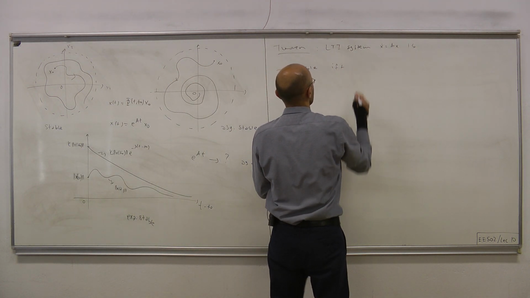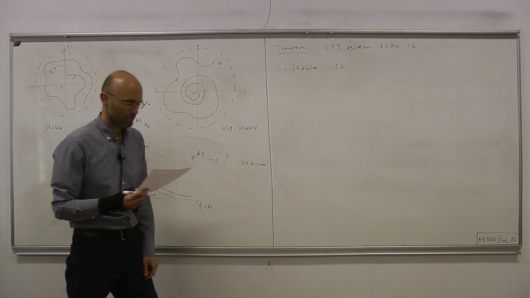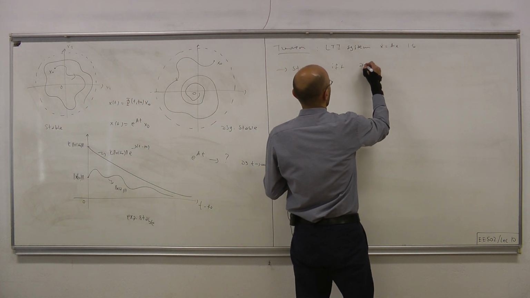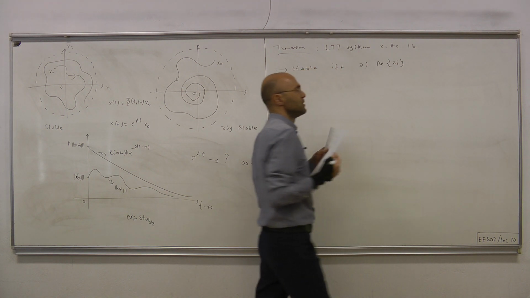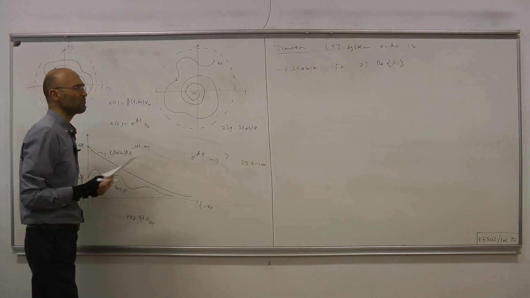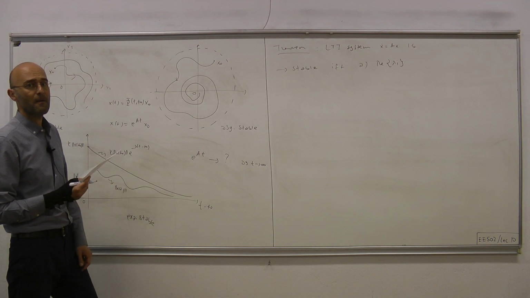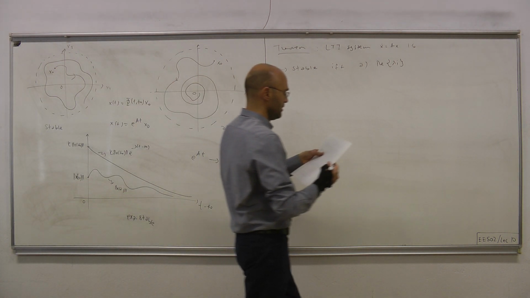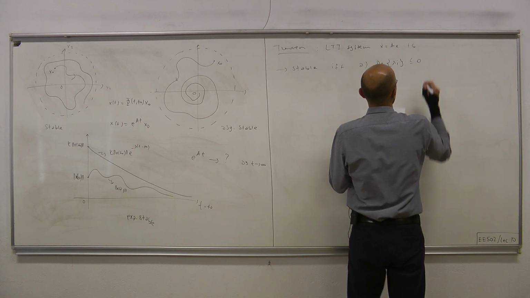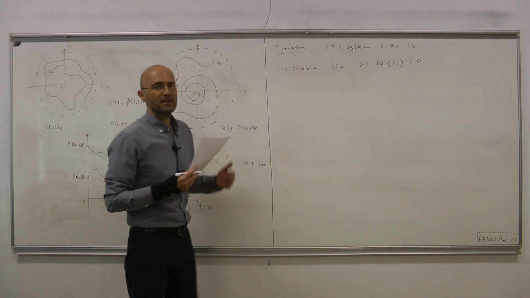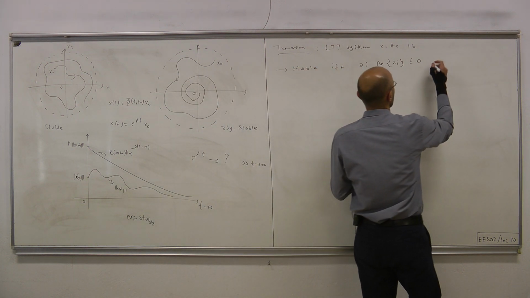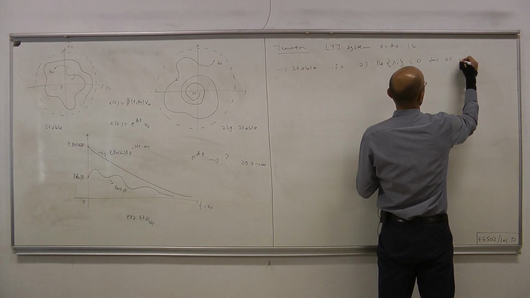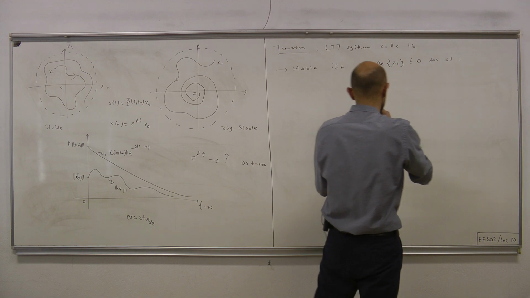And if you do that, this is what you obtain. The LTI system is stable if no eigenvalue belongs to the open right half plane. That is, all the eigenvalues have non-positive real parts for all i.